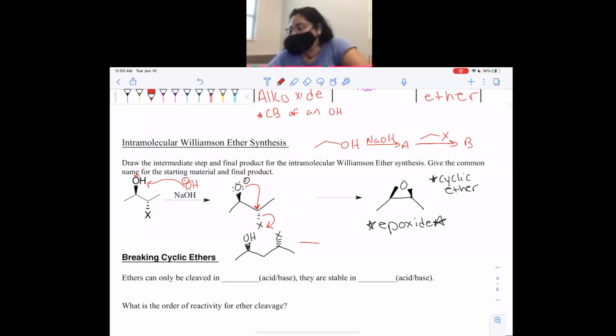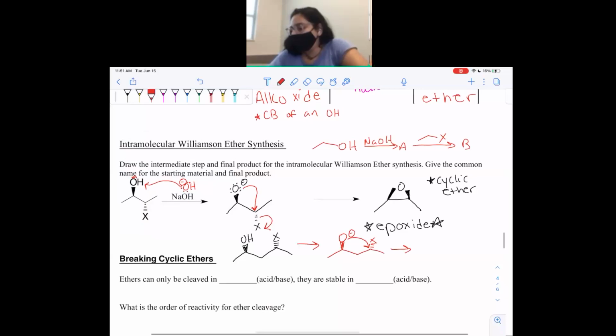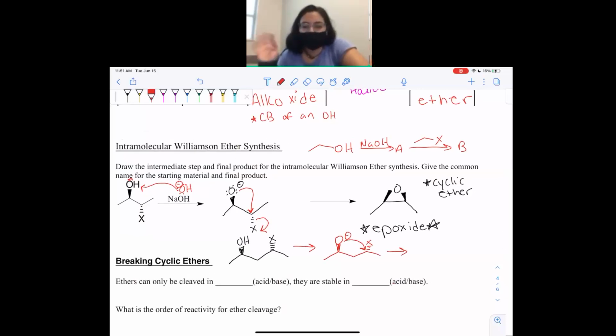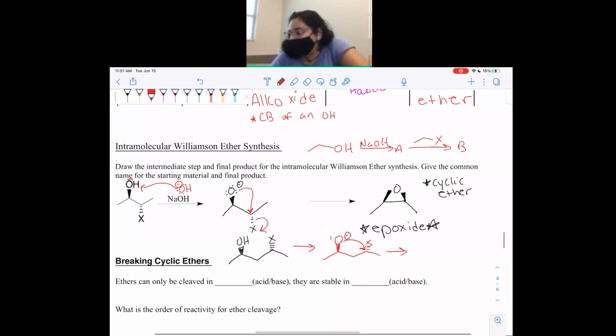We would eventually deprotonate and get this. And when we attack, we would form, I always like to number, so this is a good practice. I like to start from the oxygen, but you can start wherever you like. So I go 1, 2, 3, 4.